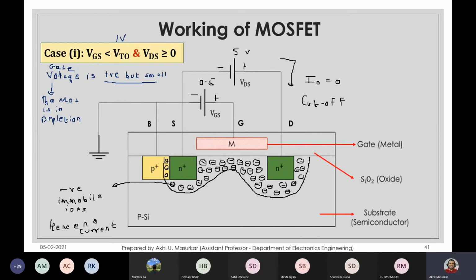So please copy this in 1 or 2 minutes, and then we will go to the next one. Case 1: VGS is less than VTO and VDS is greater than or equal to 0.